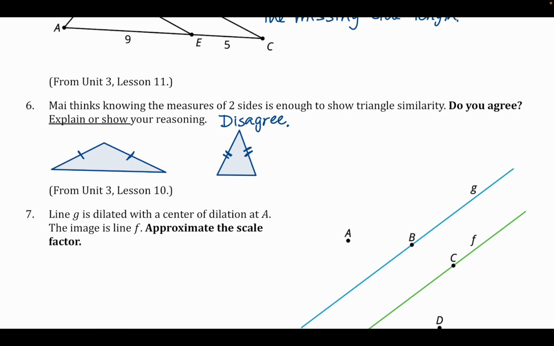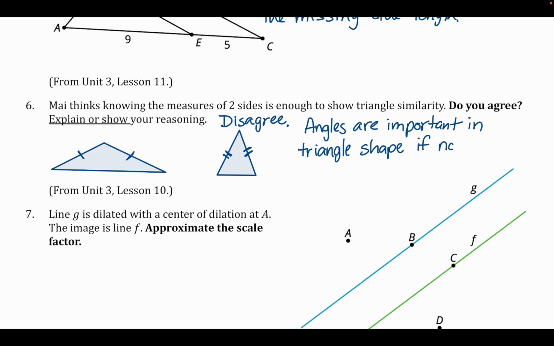For good measure, though, I will say angles are important in triangle shape if not all three sides are known to be proportional.